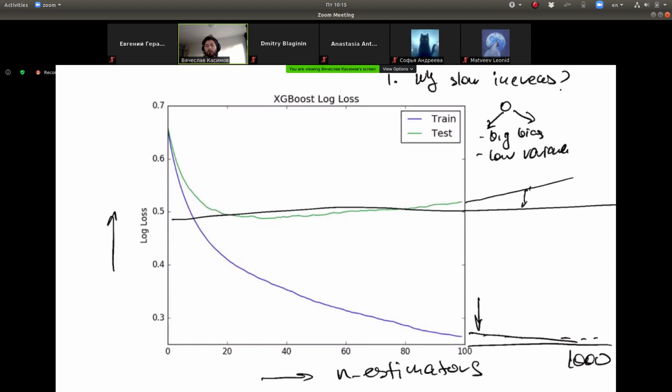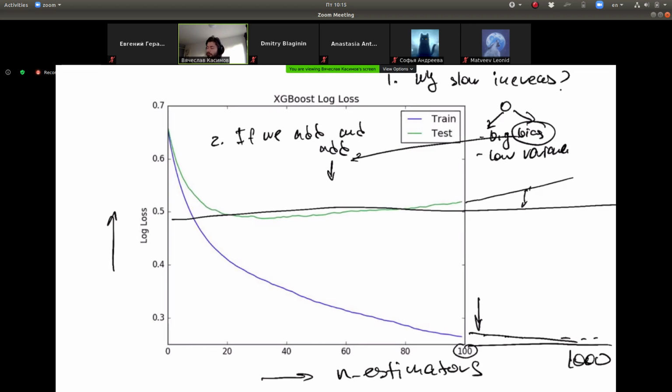If a new model is very simple, it cannot overfit drastically. But still, of course, if we add and add, this bias will start to reduce and we will start to overfit to the training dataset. But that starts only from sufficiently many estimators, and still the whole procedure is effective.